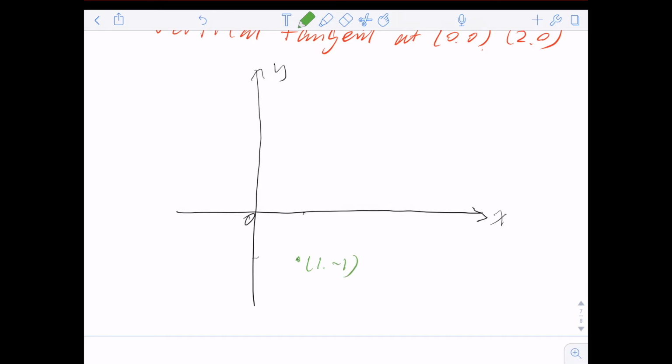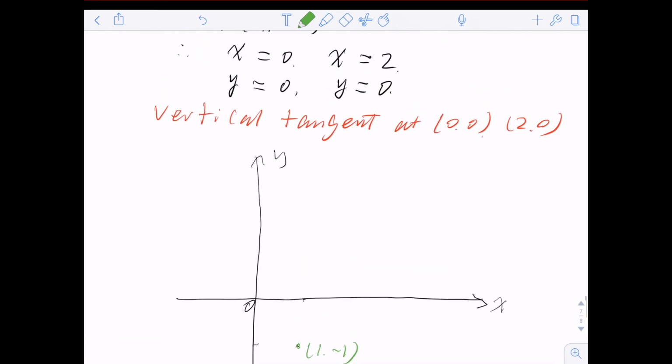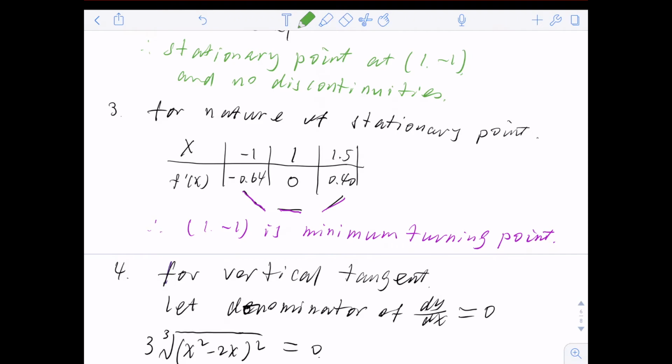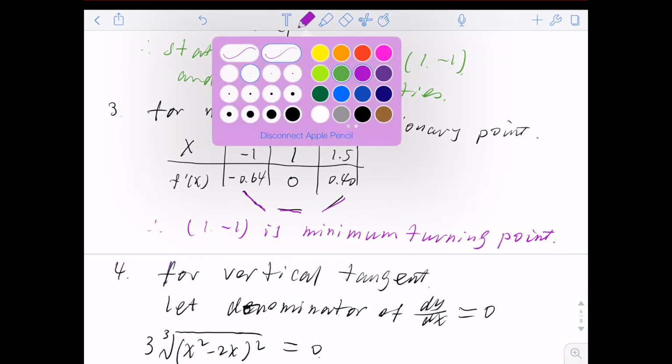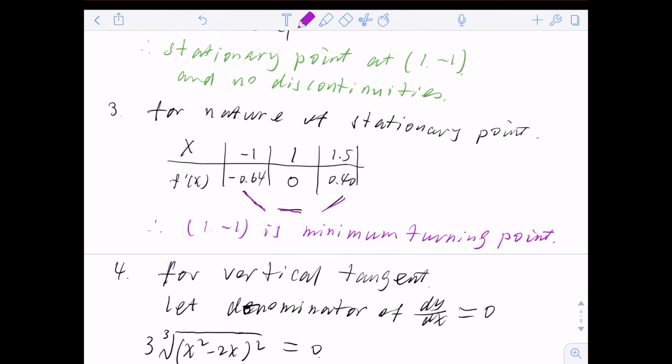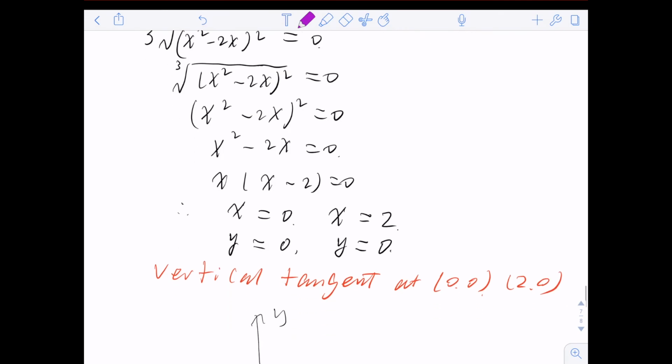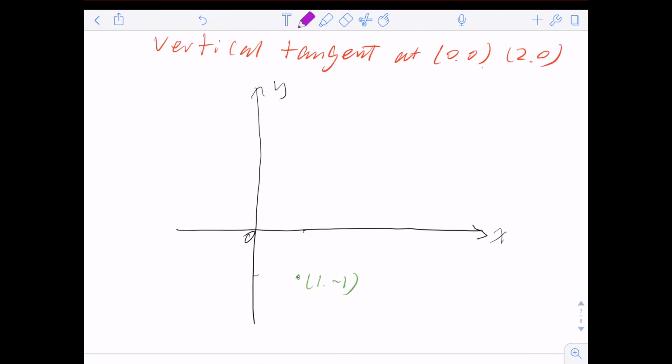That's my stationary point. And I also determined the nature of the stationary point is a minimum turning point. So it's going down and flat and going up. So at this point, it's going down, flat, and going up, which gives us a minimum turning point here.